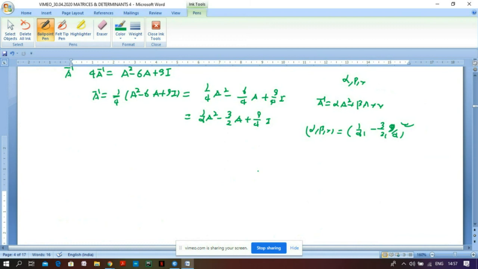Let me now change track and tell you something about determinants of adjoint. So let me recall first what an adjoint is. Adjoint of a matrix is a useful concept that combines determinants and matrices both.